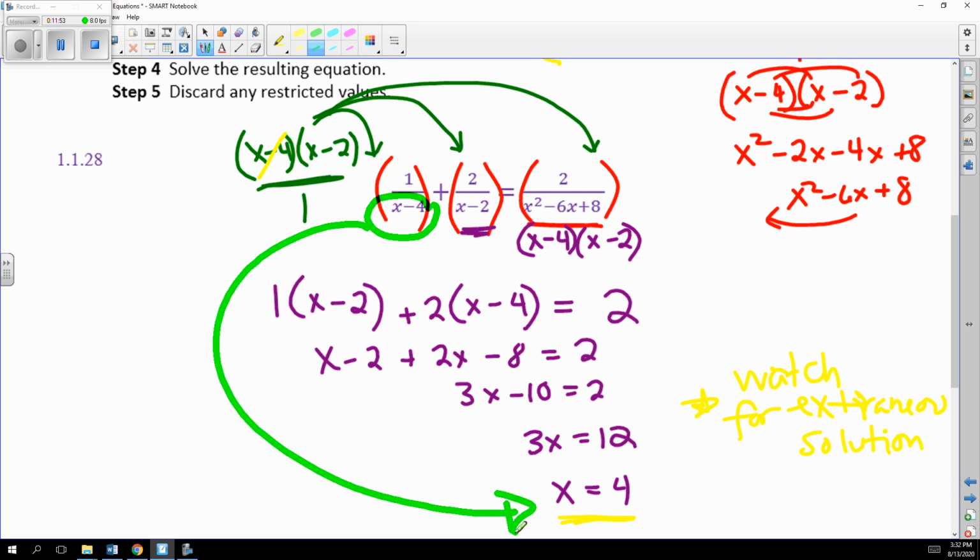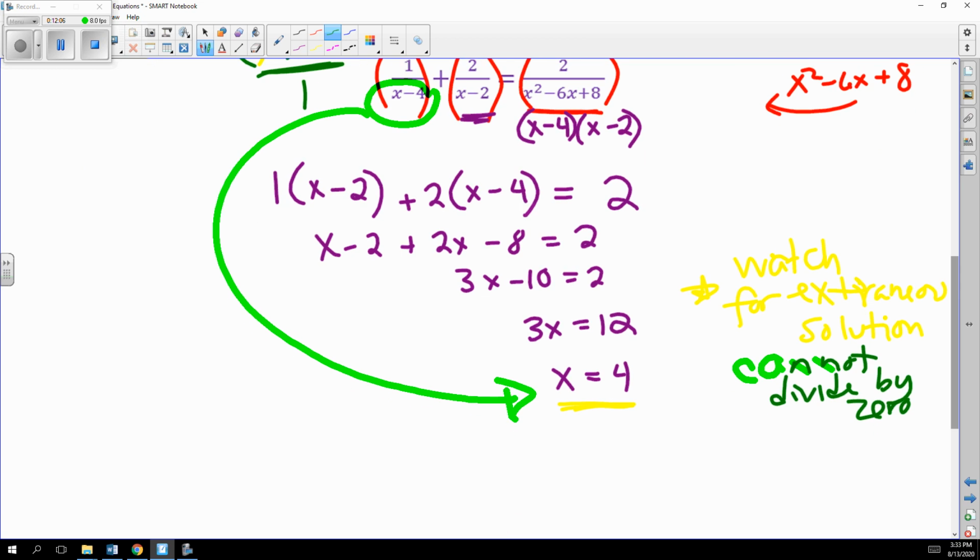You cannot divide by 0, right? So you're going to exclude it. Let me see if we can go back to just the pen tool. You cannot divide by 0. So we're going to exclude it, and your solution is actually no solution. And I think that no solution is probably going to be an option for you there, okay?